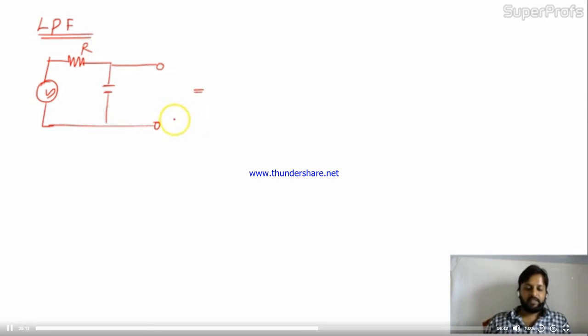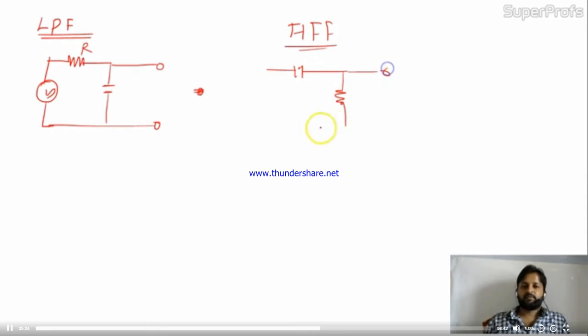Now this is LPF. What if it's HPF? For HPF you need to change the position of your capacitor, right? Now in this case you will get higher frequencies because low frequency will be blocked over here, output will be 0. At higher frequency the capacitor will be short, so we will get the output over here.